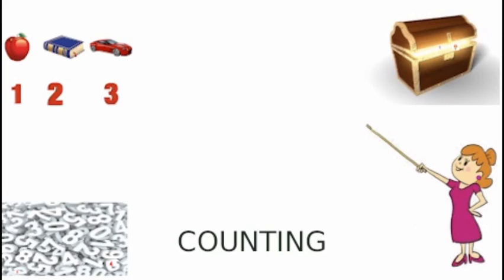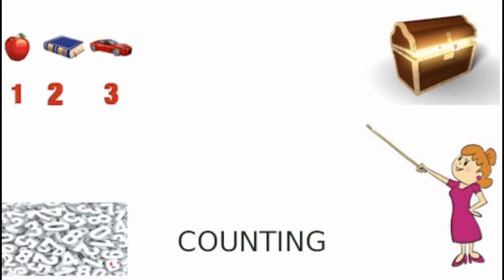So in the first line we have a set of objects, and in the second line we have the set 1, 2, 3. Okay, so if there are 3 objects, we count them using the numbers 1, 2 and 3. So mathematically speaking, we are constructing a bijective mapping, that is a one-one onto mapping between the objects and the numbers 1, 2 and 3.